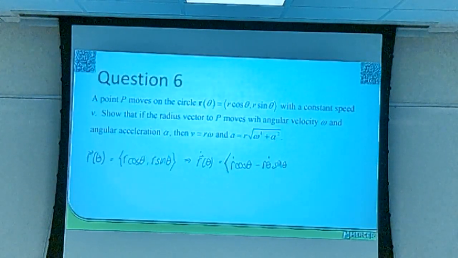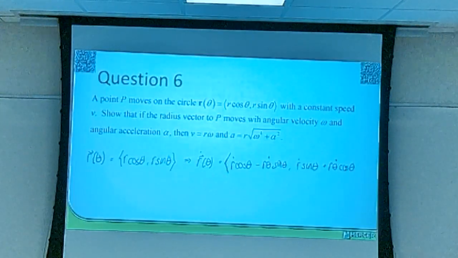R dot cosine theta minus R theta dot sine theta. That's the first component, and then there's your second component.